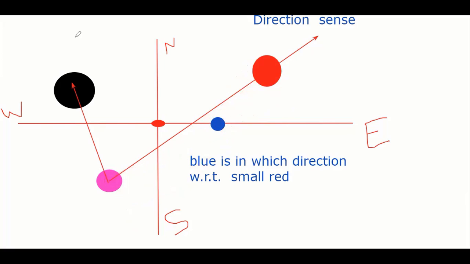Listen carefully, Manya. I'm saying blue with respect to the red. So the reference point is this, right? So it's this direction. Now to check, put an axis here. So which one is it? Southwest, right? Let's start questions, guys.